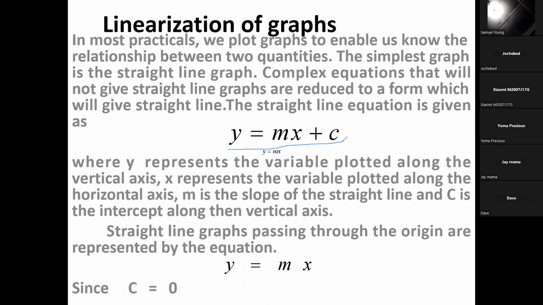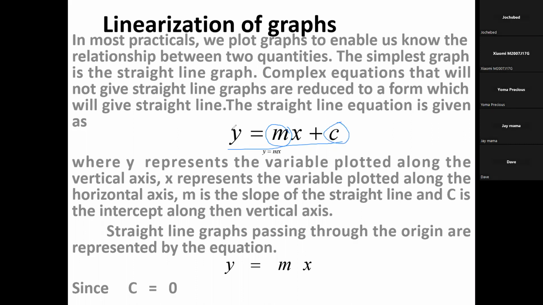So if you are given a particular type of graph, you are simply asked to turn the graph to look like y equals mx plus c, where m is called the slope, and c is called the y-intercept. Your y is the variable on the y-axis, and your x is the variable on the x-axis.